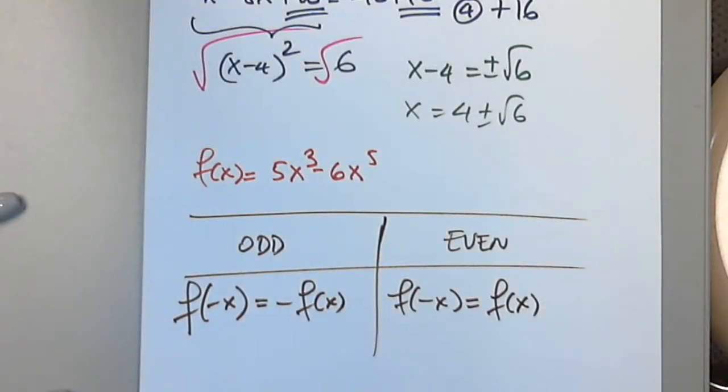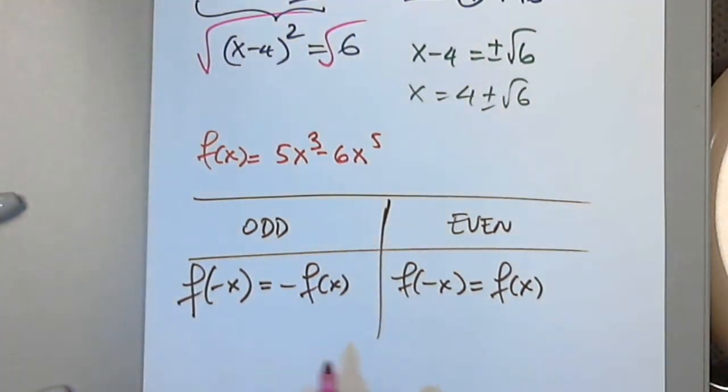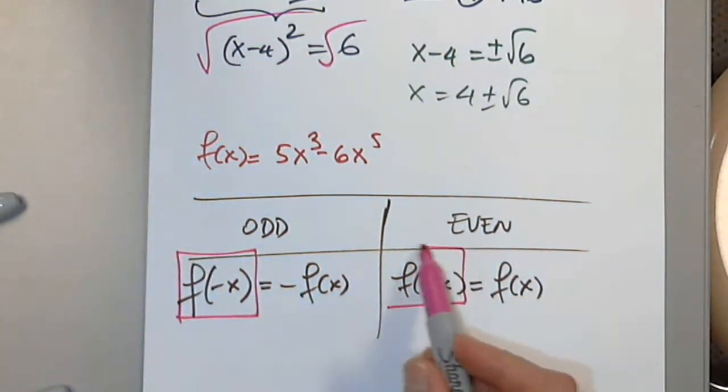This is what I have to show, which means I have to determine what? You'll determine that it's one or the other. So what do I have to determine, no matter what? That f of negative x. I have to determine f of negative x.